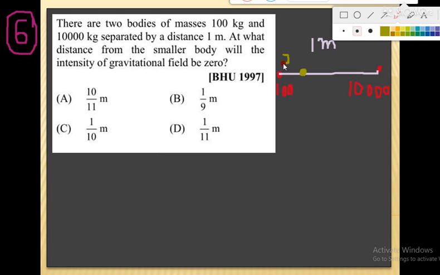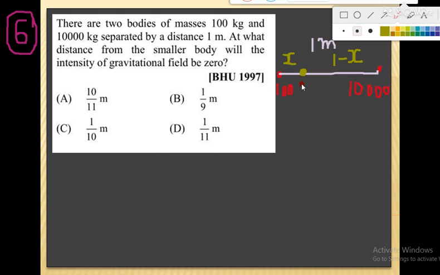Let's take this distance as x and the rest of distance will be 1 minus x obviously. So 1 meter and 1 minus x.